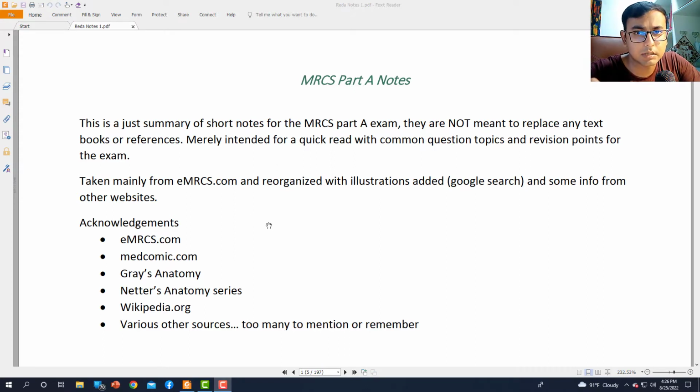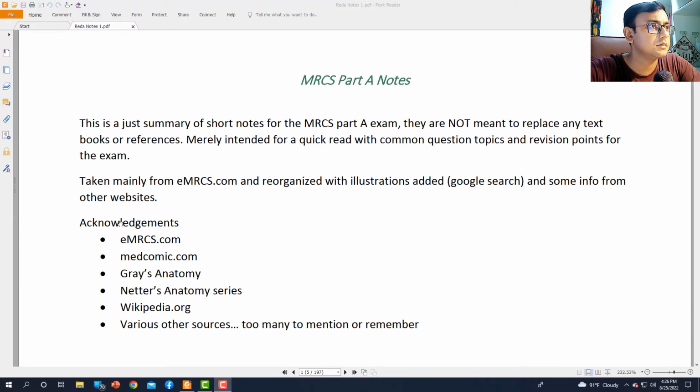These are very fundamental things: the surgical anatomical knowledge and the physiological knowledge, along with some pathology. So these four subjects, anatomy, physiology, pathology, and microbiology, together are called the ABS exam, that is Applied Basic Science. So let's start with the upper limb.